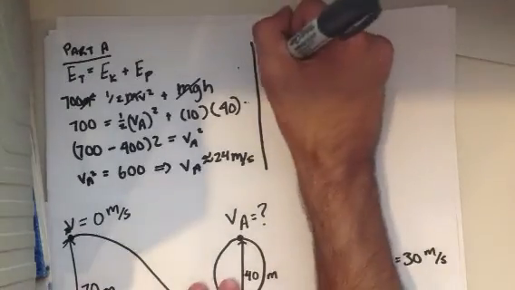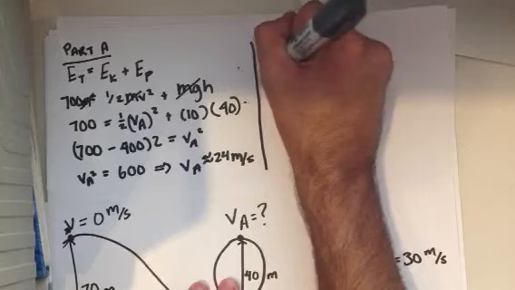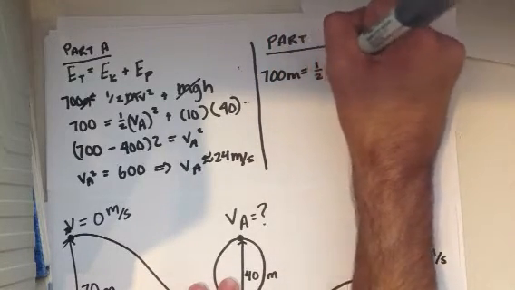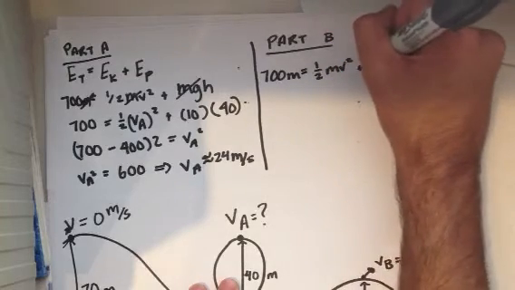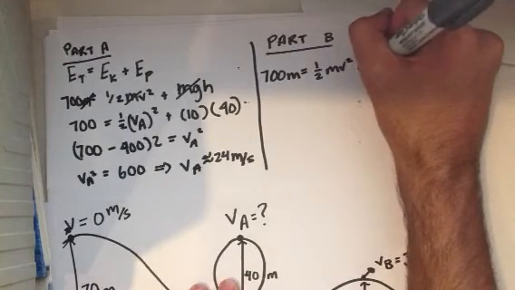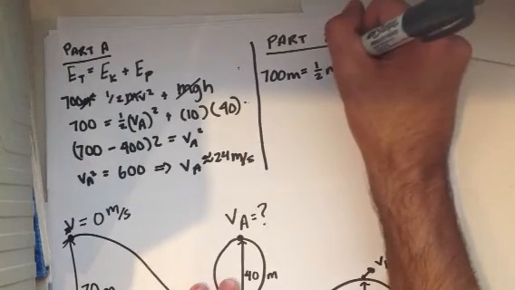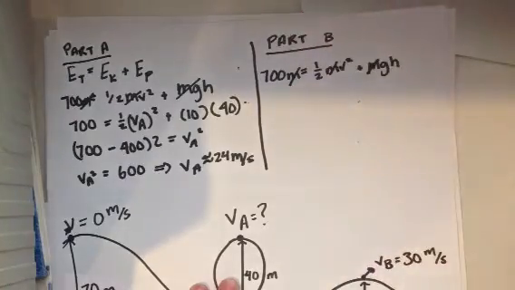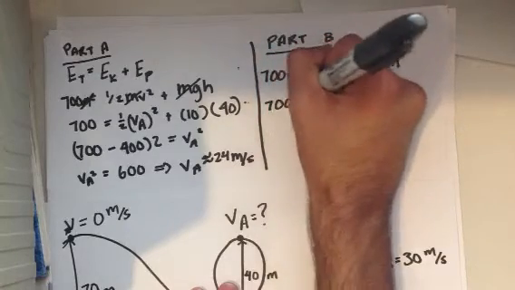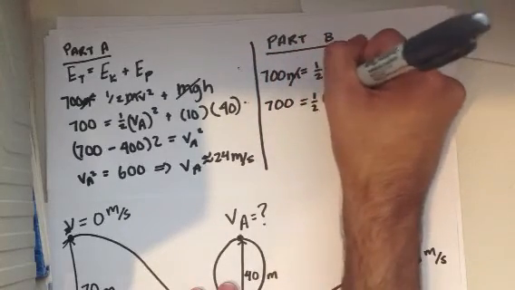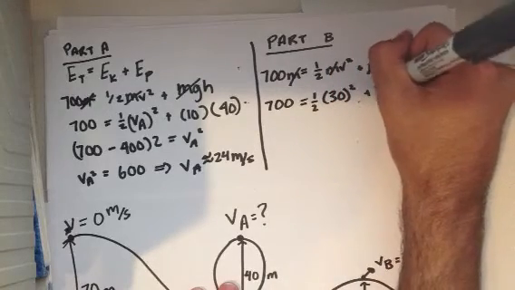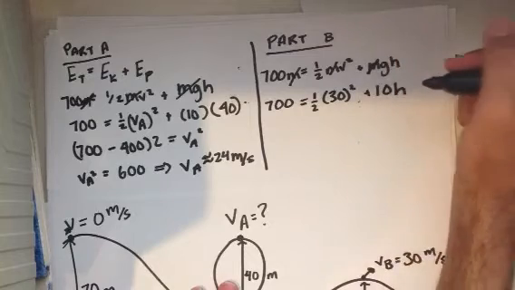So again, 700 m equals 1/2 mv squared plus mgh, and again the masses will cancel. Here we're given the velocity, so we can plug that in: 700 equals 1/2 times 30 squared plus 10 times the height.